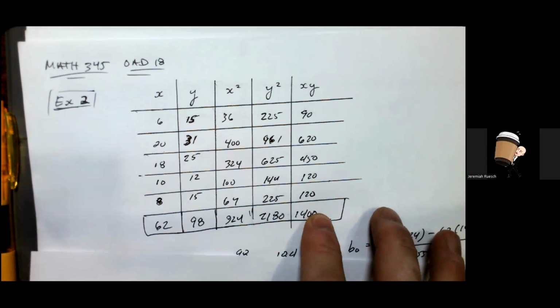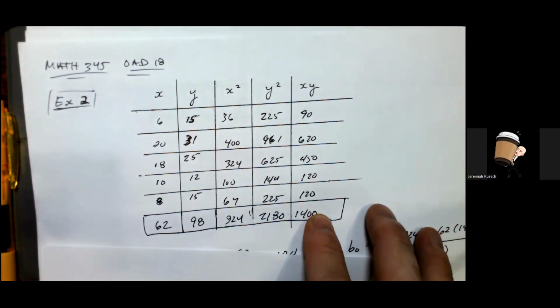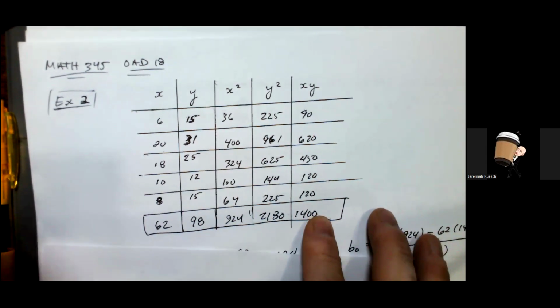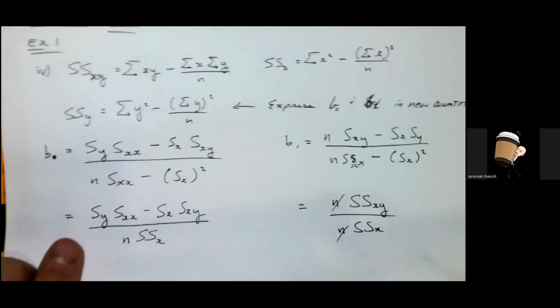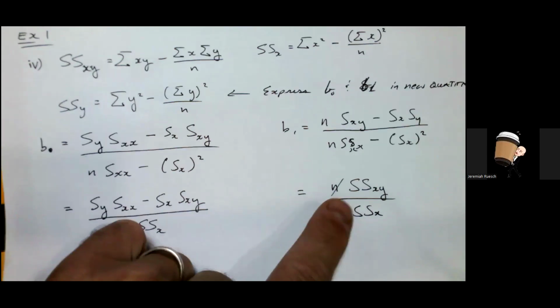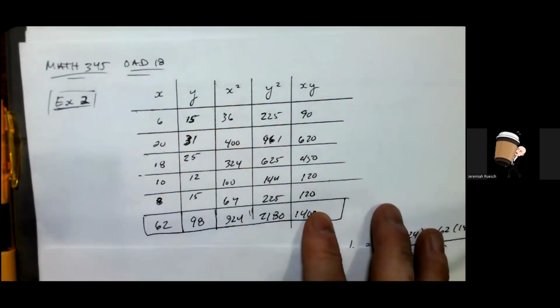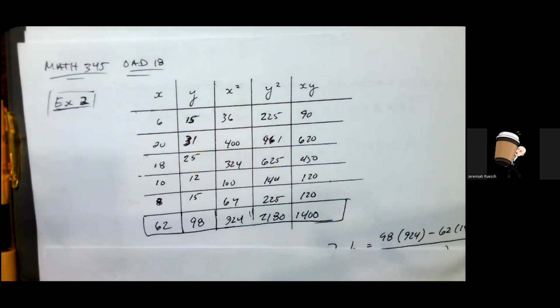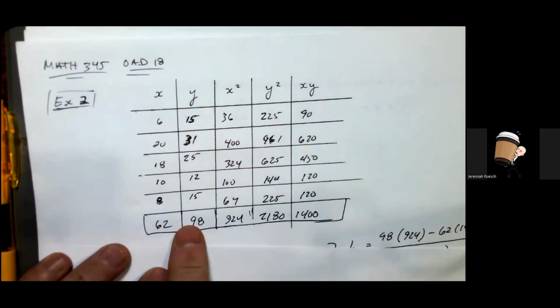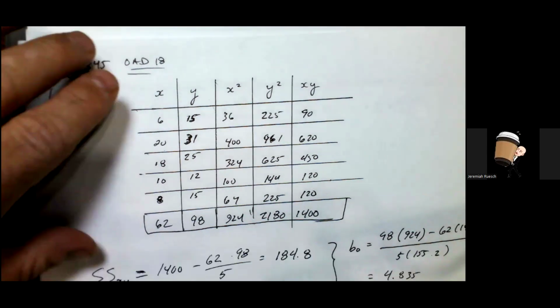Okay. So as we saw in example one, our B naught is this relationship, and our B1, or slope, is this relationship. So to simplify everything, we can just plug in those numbers.